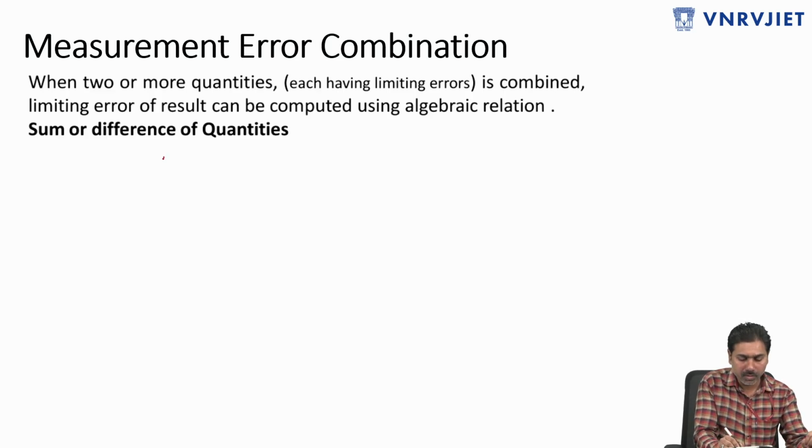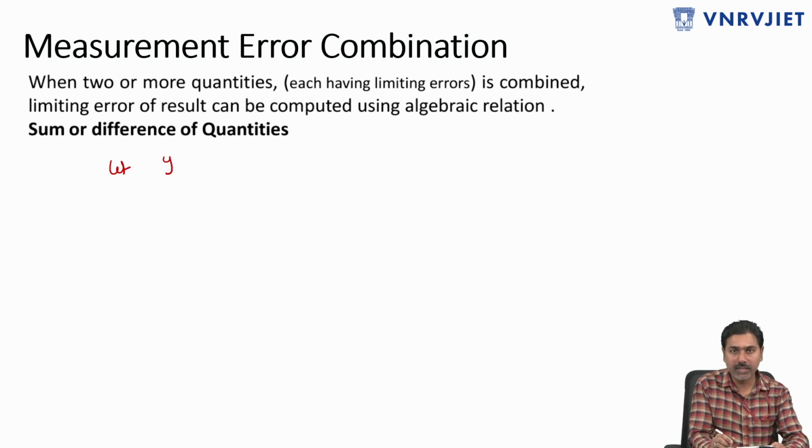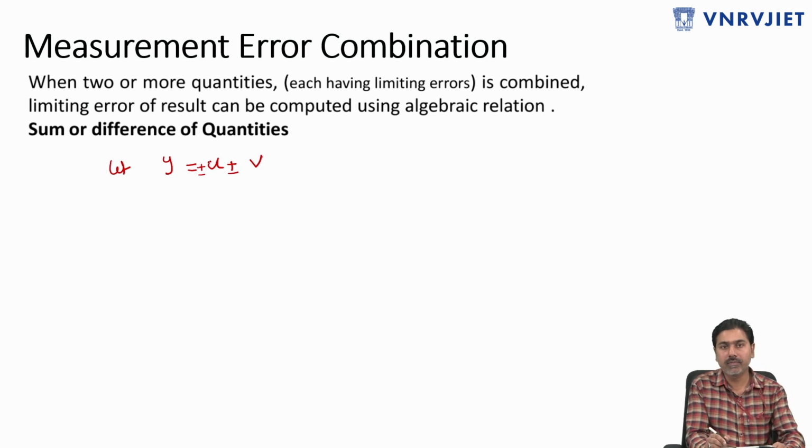Let y be the final measurement and it has two parameters u and v, where u and v are related to y by summation or subtraction. So we take either plus or minus u and plus or minus v.